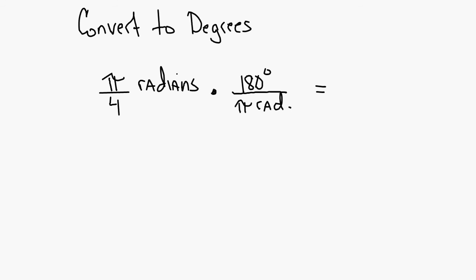See this pi radians in the numerator and the pi radians in the denominator? They become ones. And 4 goes into itself once, and it goes into 180 45 times. So keep your degree symbol. You did all your cross canceling, and you're left with 45 degrees.